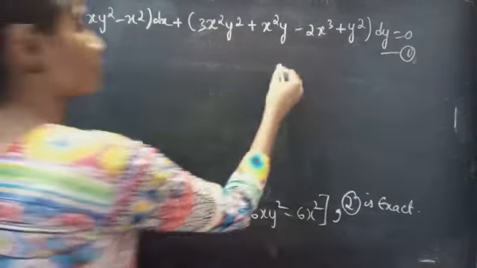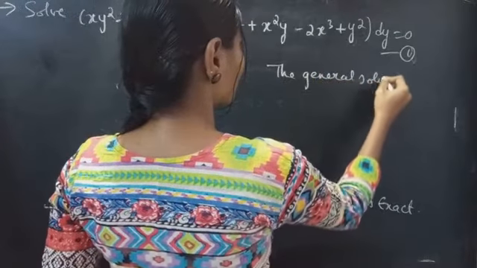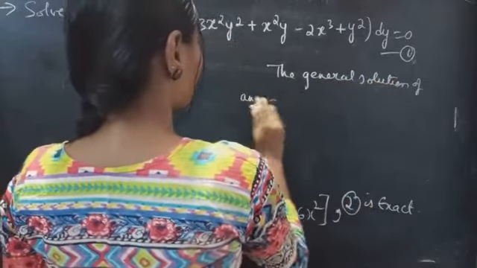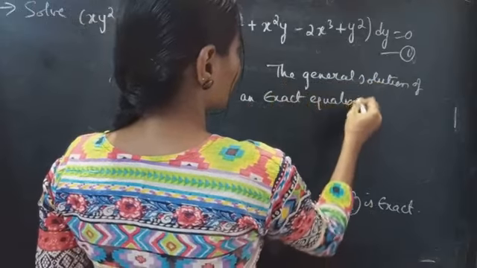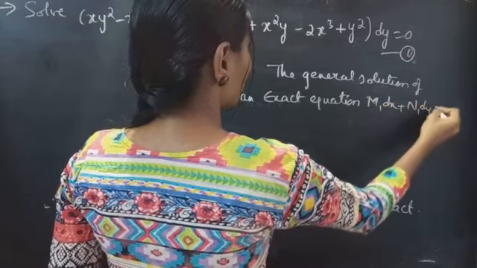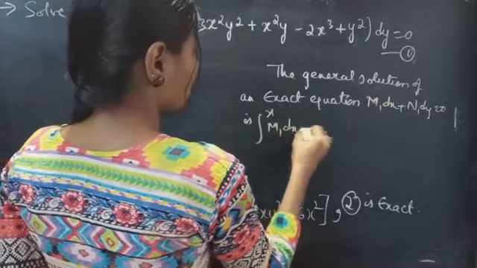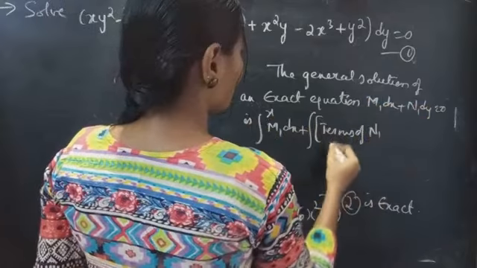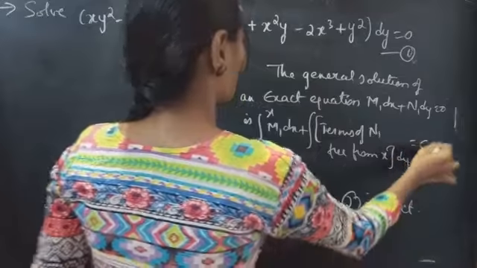We know that the general solution of an exact equation, which is in m1 dx plus n1 dy equals 0 form, is given by the integral over x of m1 dx, plus the integral of the terms of n1 free from x into dy, equals c.